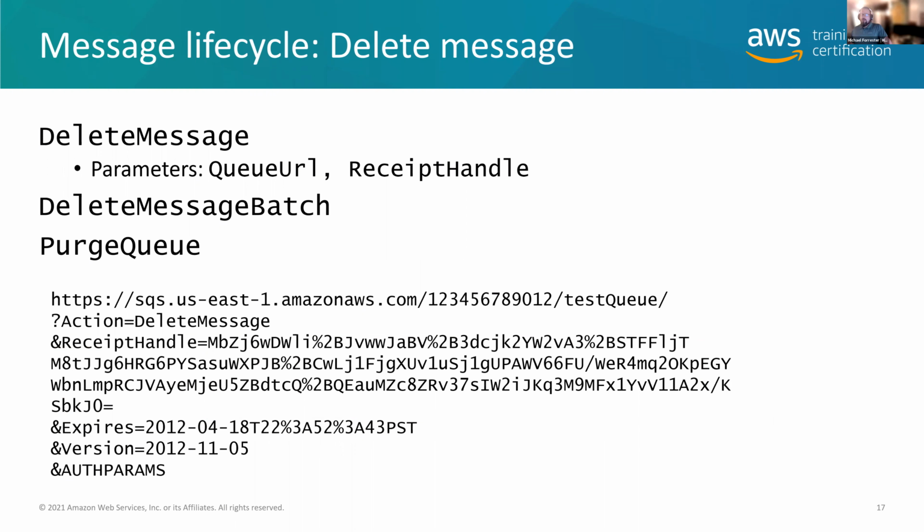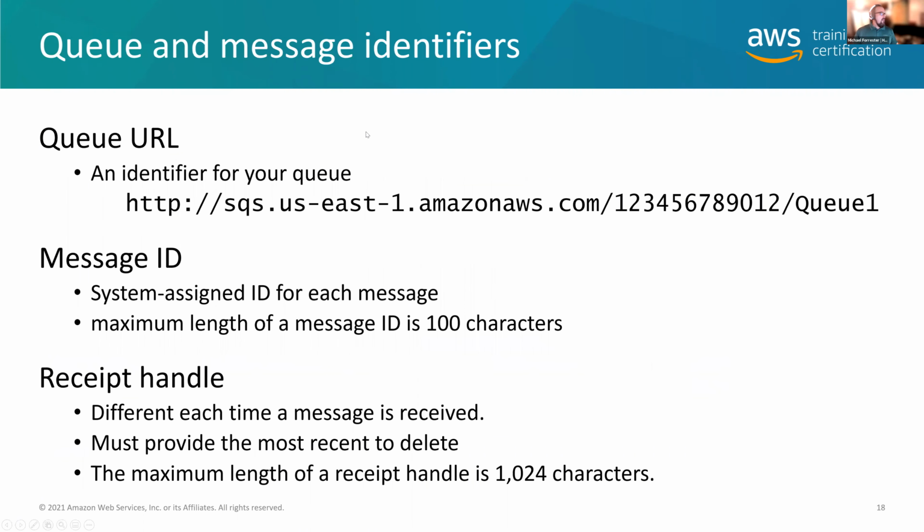You can, by the way, purge every message in the queue. If you want, you can do a purge queue request. You can also obviously delete the queue, but don't do that. That's really catastrophic. Delete message batch, by the way, will allow you to delete up to 10 messages at a time. You can also read 10 messages at a time. Your identifying URL is this kind of web-based URL.